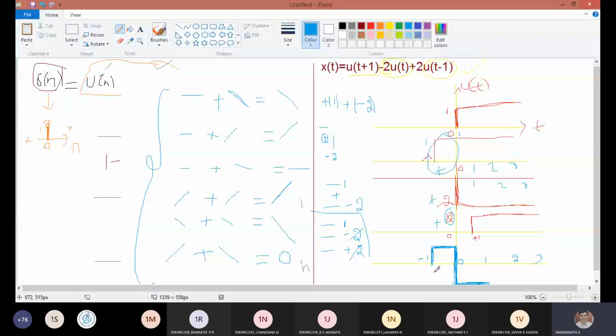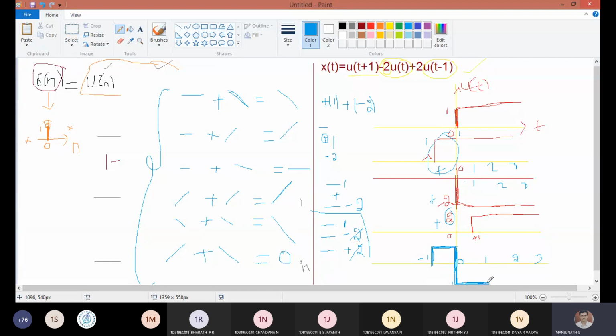It means for 1 to 2, what is going to happen? Before reaching 1 to 2, at 1 only the signal will rise. Understand this carefully, guys. I will repeat. At 1, the signal is constant with amplitude 1, here it is -2, here it is +2. So +2 and -2 get cancelled, and what is left is 1.